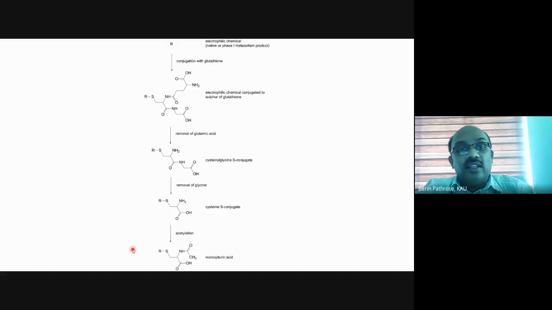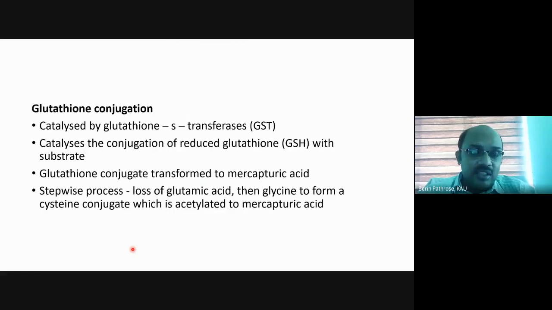Then the last one is type 3. I forgot to write type 3. Remember, glutathione conjugation is type 3. Here there won't be any activation of the conjugating agent as well as the pesticide. This is catalyzed by the enzyme glutathione S transferase, and the conjugating agent over here is reduced glutathione.